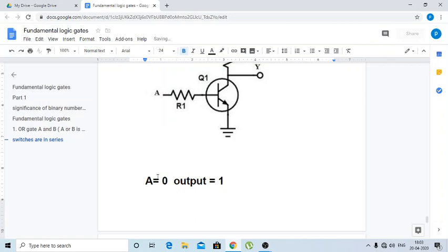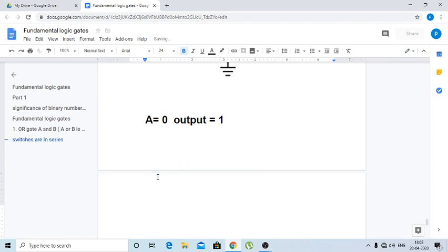At this stage, the transistor will be in cutoff position, and A equals 1 means the transistor is in saturation stage, therefore output equals 0. Sorry, this is output 0 here. So this is the working of the NOT gate.